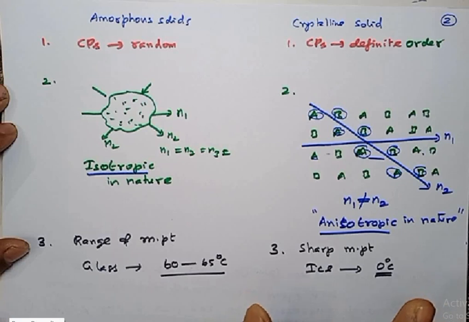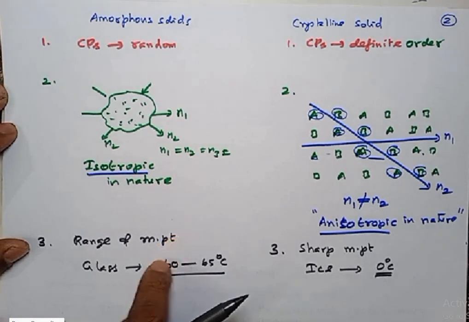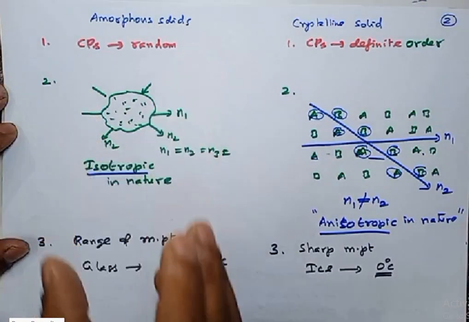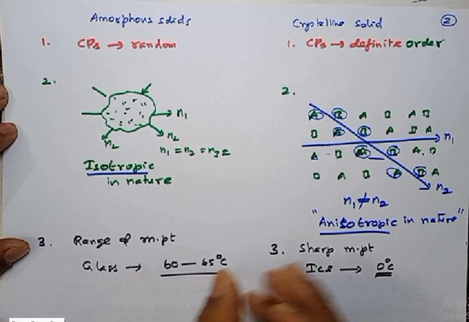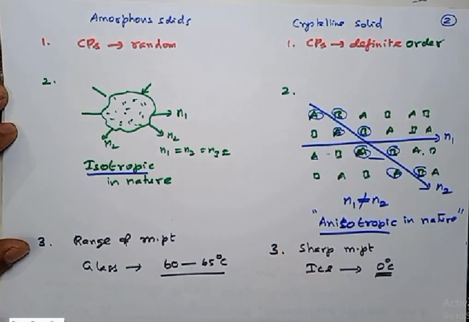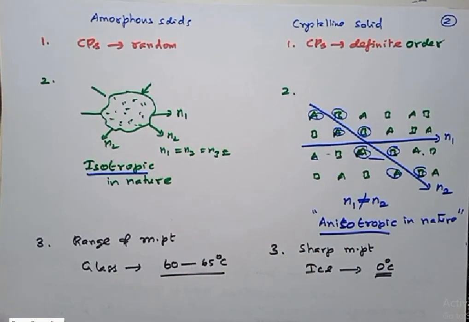If the atmospheric pressure is 1 atmosphere, then ice melts at 0 degrees Celsius. Zero is a specific value, whereas for glass I am giving you a range. So for amorphous solids we provide only a range of melting point, whereas for crystalline solids we provide a sharp melting point, because crystals melt at a sharp melting point.